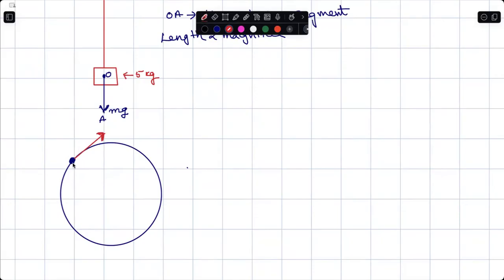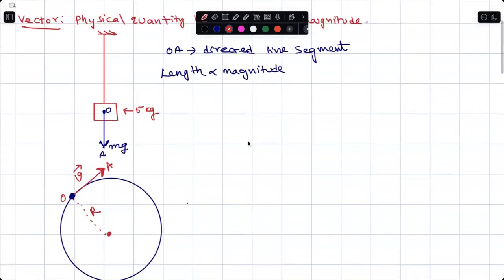So here, the object which is moving in a circle of some radius r is having some instantaneous velocity like this. So I will represent v bar with a directed line segment OA like this. So you represent a vector quantity by a directed line segment.